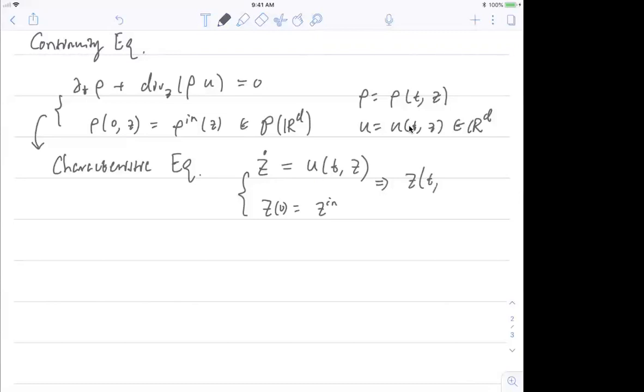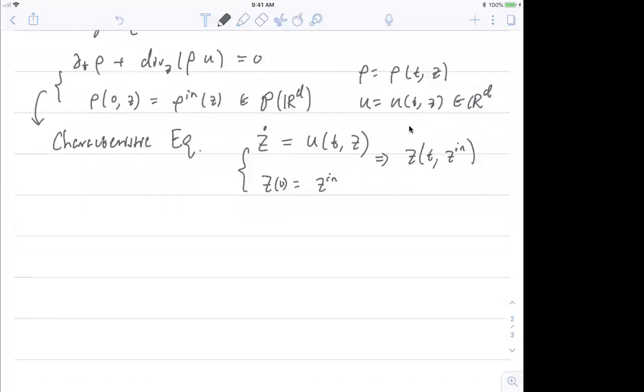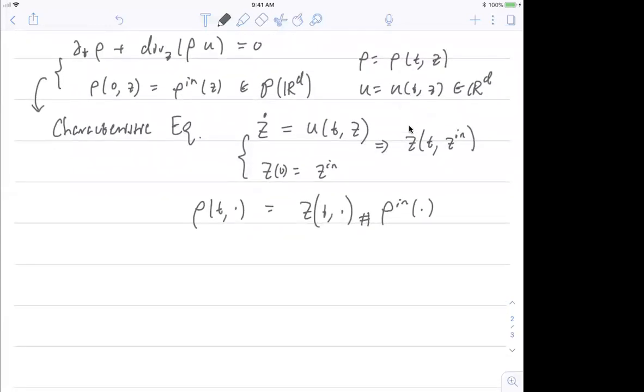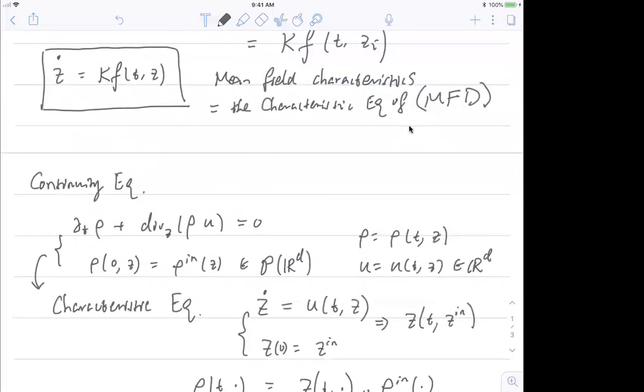So this rho_t actually is the push forward measure of the initial measure. This is very easy to check, and you can read the notes for details, but I just want to mention this.